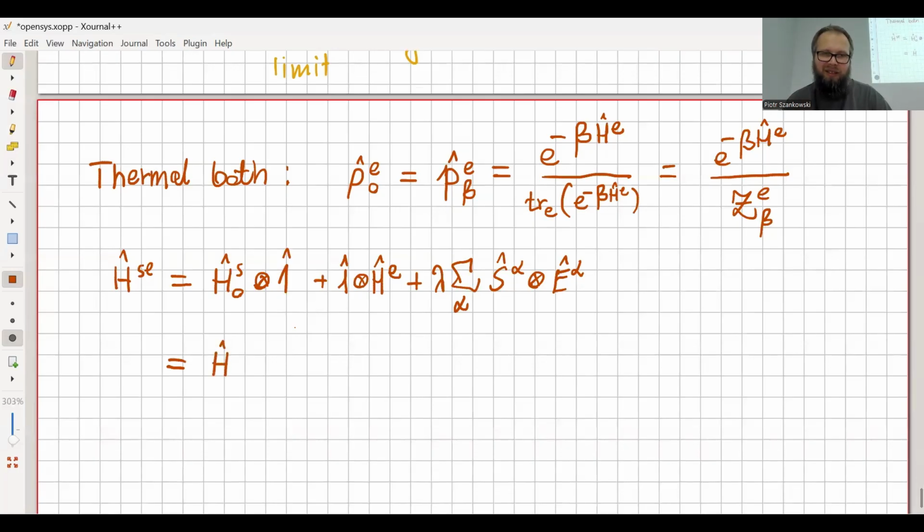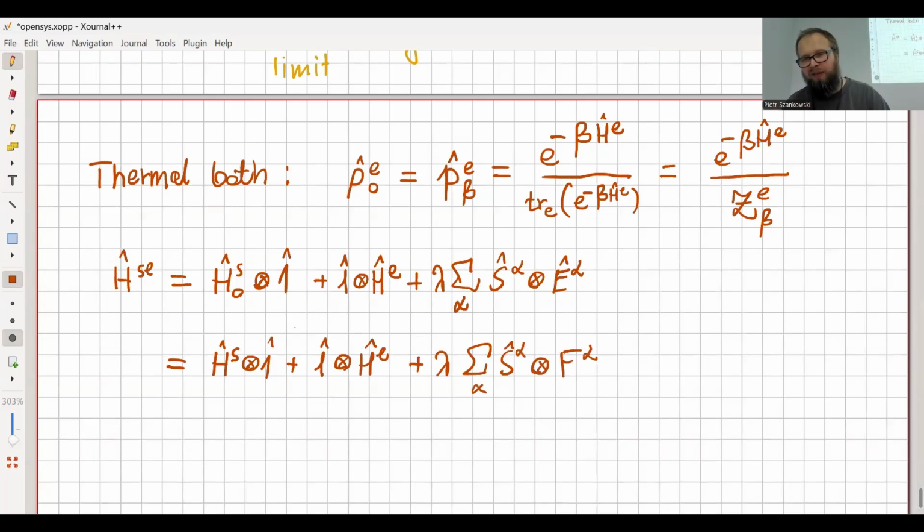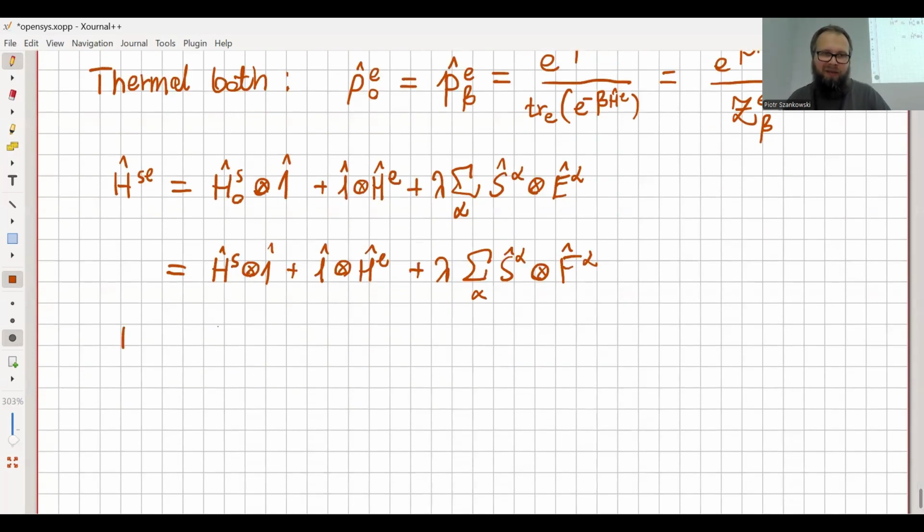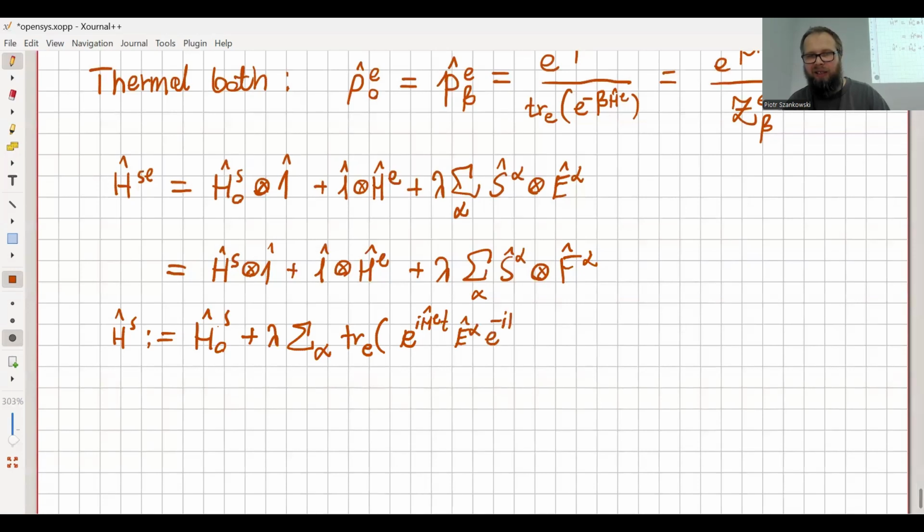So we will write it like this: plus identity times H_E plus lambda sum over alpha S_alpha times F_alpha, where the shifted operators will be defined as H_0S, that's the bare Hamiltonian, plus lambda times the trace over E of e to the i H_E t E_alpha e to the minus i H_E t, times the initial state of the environment, times S_alpha.